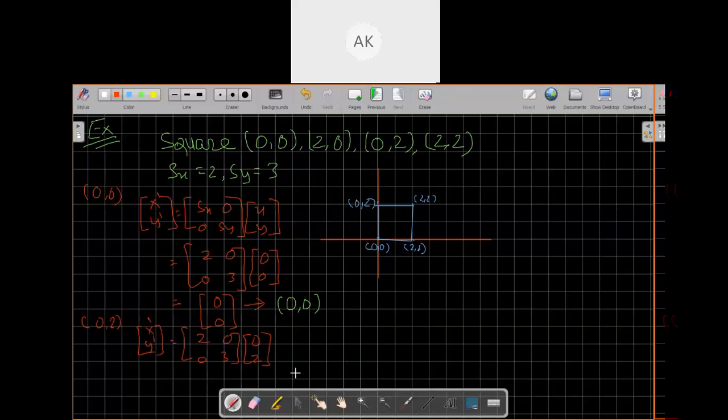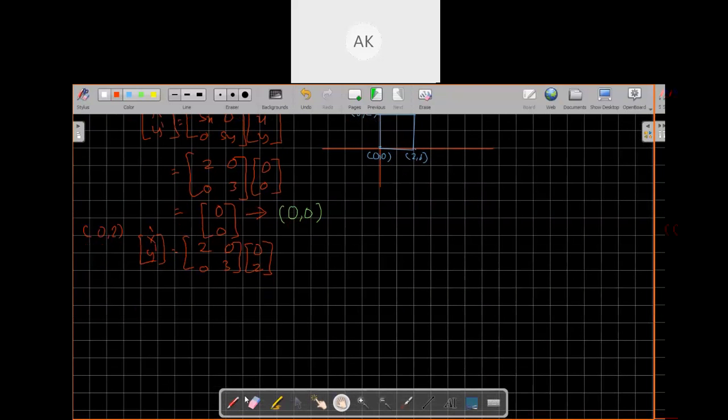After multiplying you will get 0 into 2 plus 0 into 0 is 0, and 0 into 0 plus 3 into 0 is 0. So after scaling you will get 0 0 for the point 0 0.